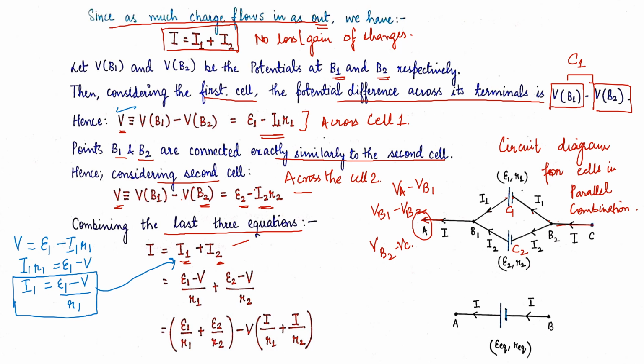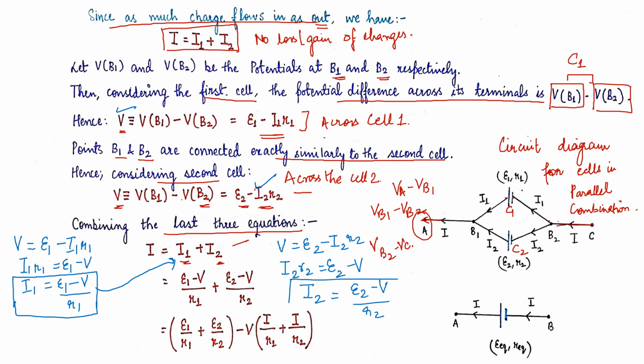Now similarly I will find I2 from this equation, V equals epsilon 2 minus I2 R2. Here I2 R2 equals epsilon 2 minus V, and I2 equals epsilon 2 minus V upon R2.